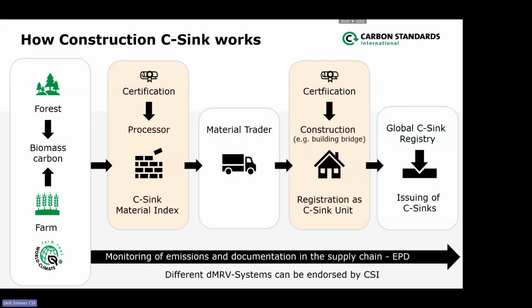In this example of a hemp stone, the production is a little bit special. Things have to be checked and verified, and at the end, the material can be registered in the material index and in the CSync unit.